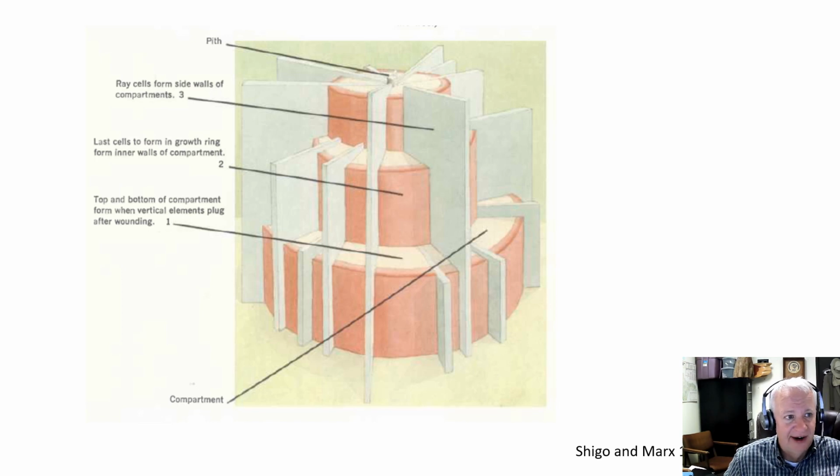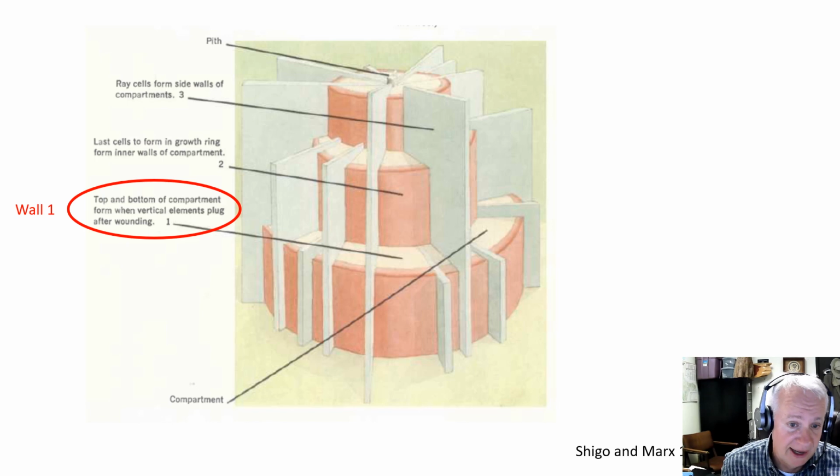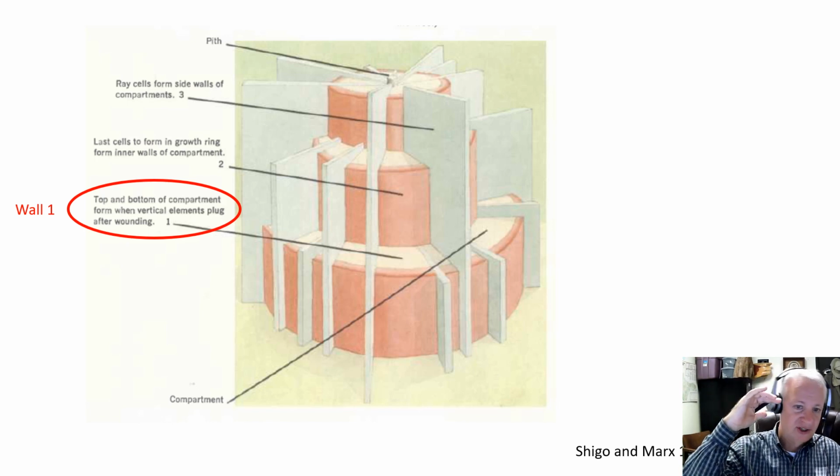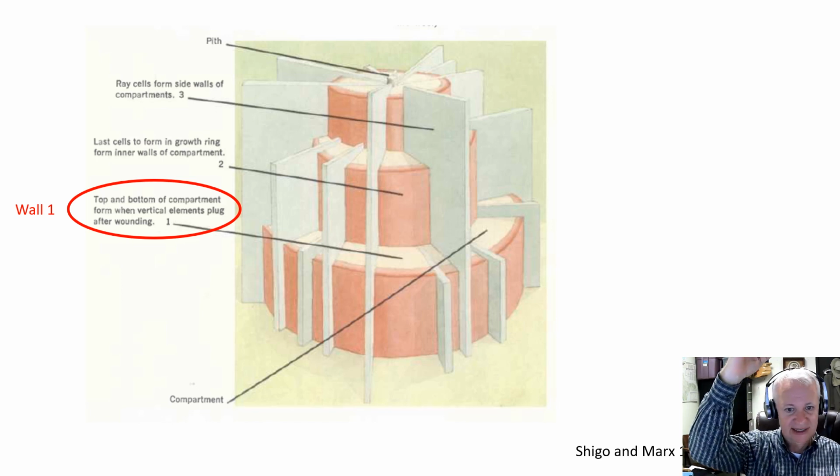So this diagram lays out at least 3 of those 4 barriers in terms of walls. Shigo said wall 1 is an induced response when vessel elements or tracheids are plugged and prevent the vertical or longitudinal movement of a pathogen through the tree.